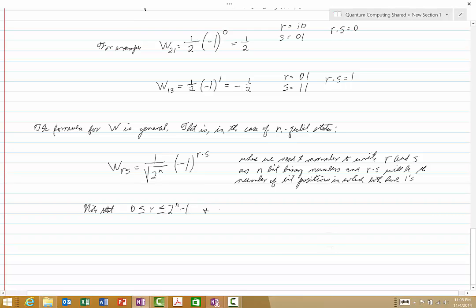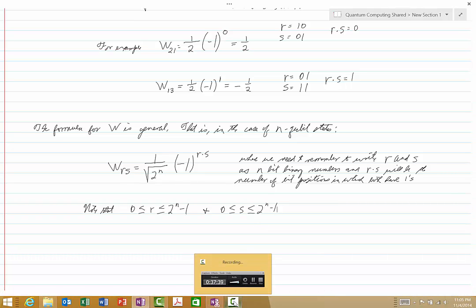And of course, the same is true for S. So that is still another observation that will be helpful to us in upcoming lectures.